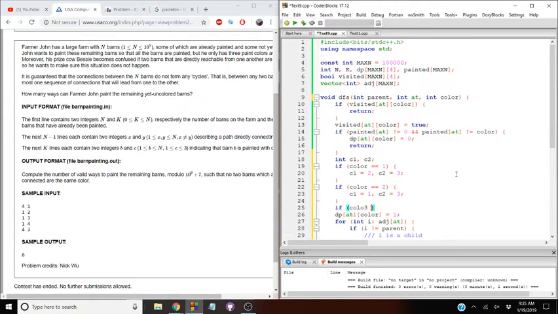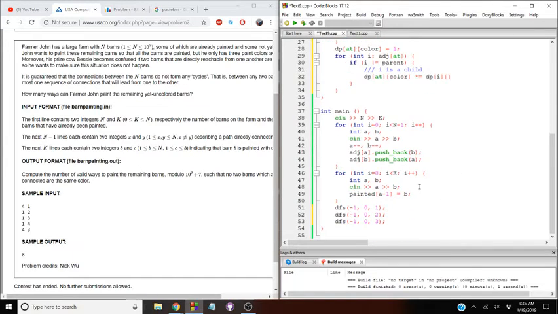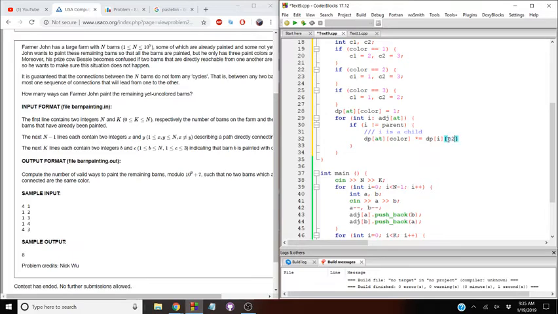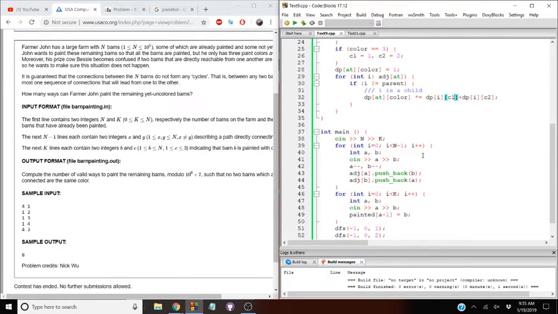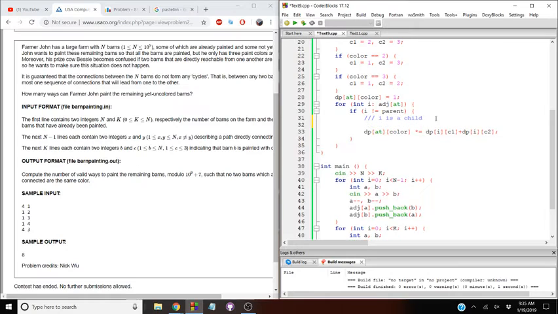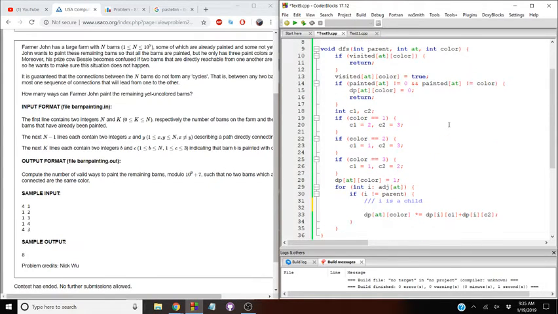And if color equals 3, then C1 equals 1 and C2 equals 2. Okay, so we need the other 2 colors. Oh yeah, we first need to make sure that these values are correct. So we need to DFS into them.